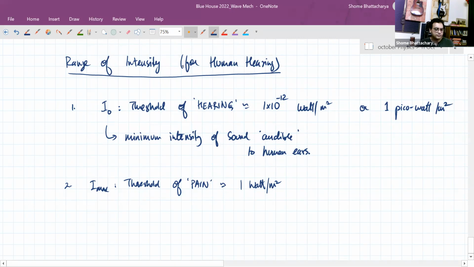All of us have at some point in our lives heard sound of much more intensity than 1 watt per meter square. But that will not cause pain or damage because we would have heard it for just a moment or two or a minute.